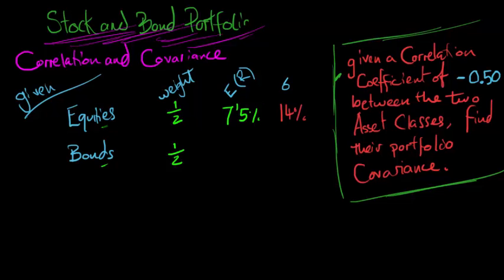On the bond portion, the input that I'm going to use is a 5.7% standard deviation. The expected return I'm going to use is 4%. Okay, so given these values and given a correlation coefficient of negative half, negative 0.5, find the covariance.